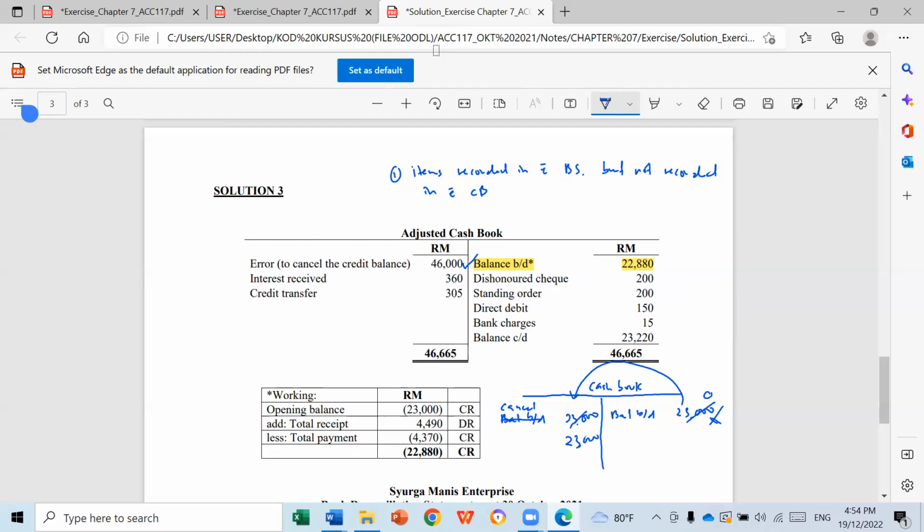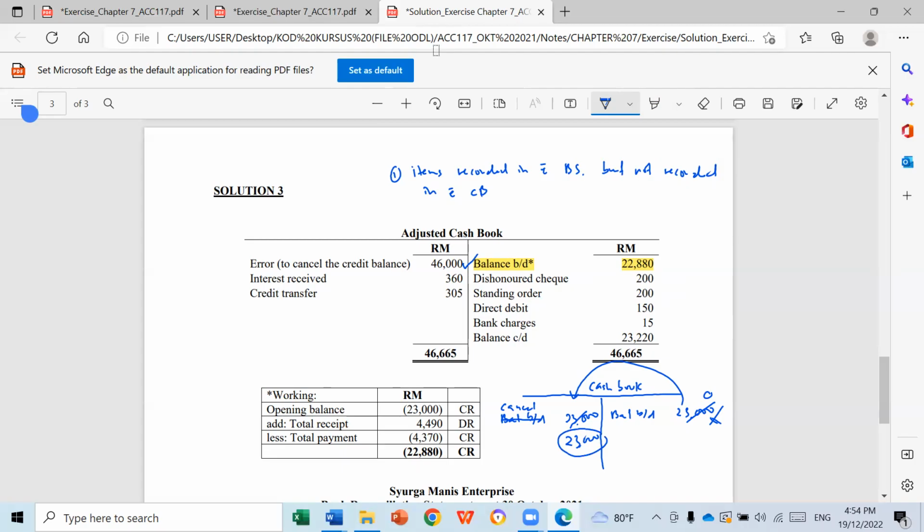That is why the item for the error here is 46,000, not 23,000. The first 23,000 cancels the error, and the additional 23,000 creates the debit balance. So this will be the debit balance.